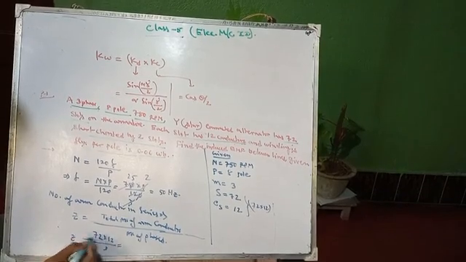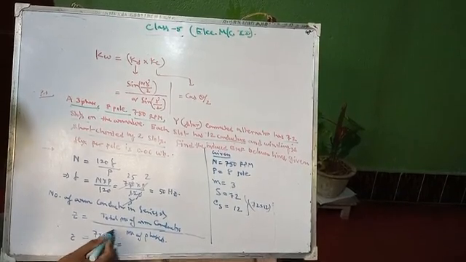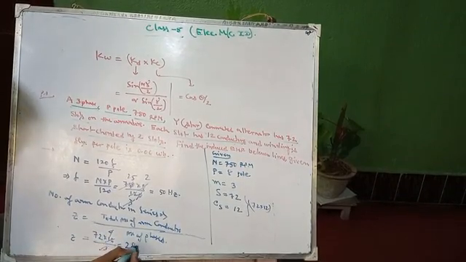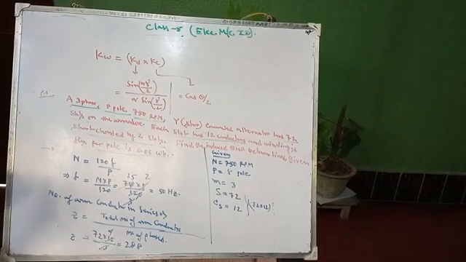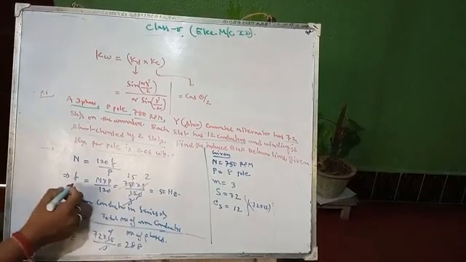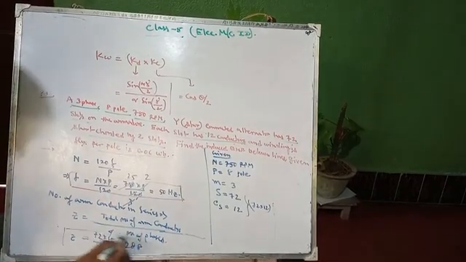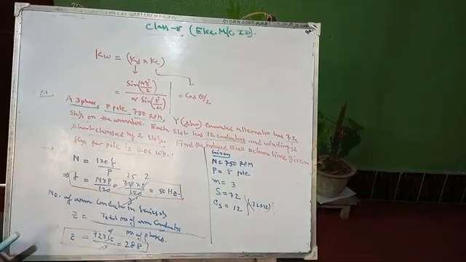By calculating, we have 288, right? So now you have two pieces of information: f equals 50 hertz and Z equals 288 conductors.